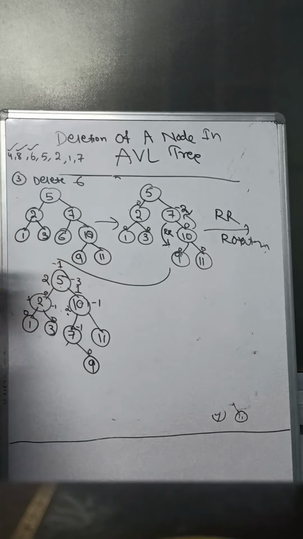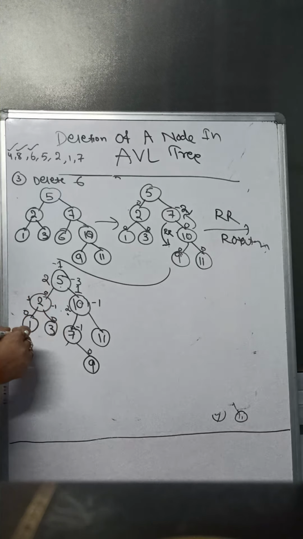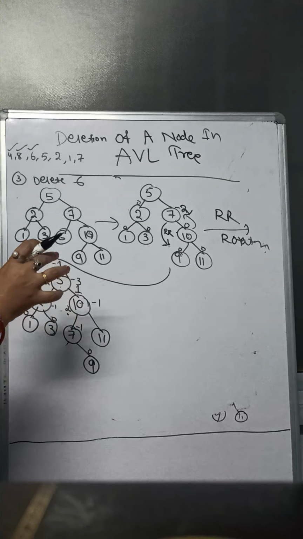During the time of deleting the root node, I have to consider what? I have to consider I must keep the node that is greater than the left subtree and smaller than your right subtree. So when I will delete 5, I have to think, I have to place which node from the left subtree, because of the in-order rule.